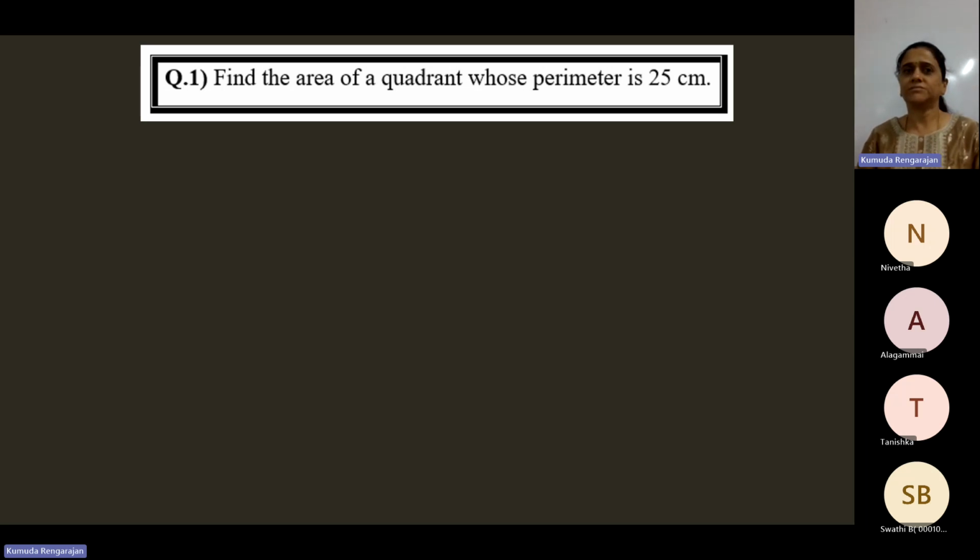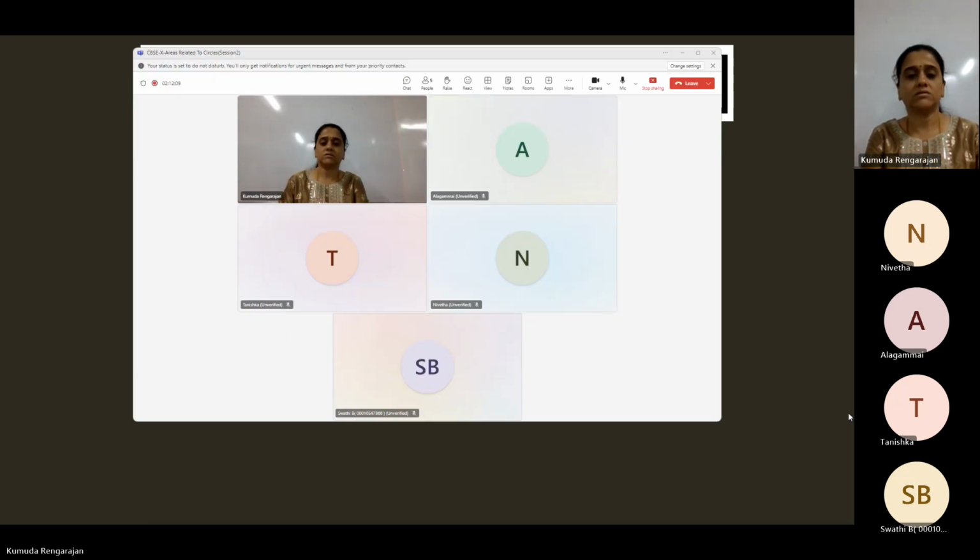Yeah, children. Online children, Swati, Tanishka, Niveda, and Aragamai.